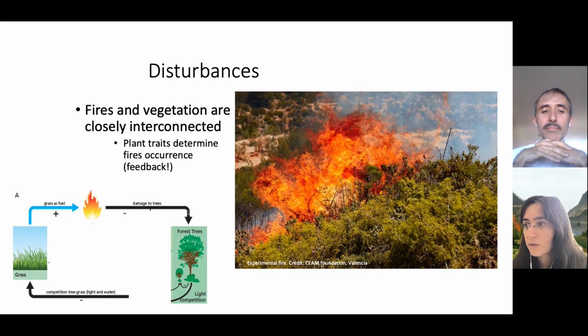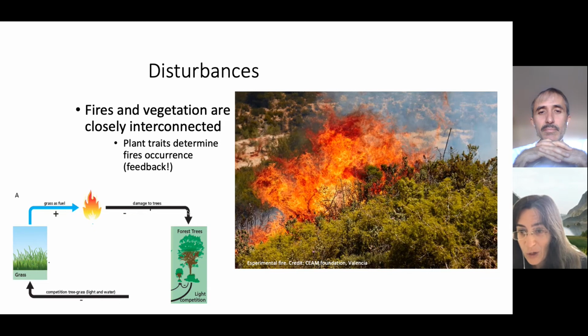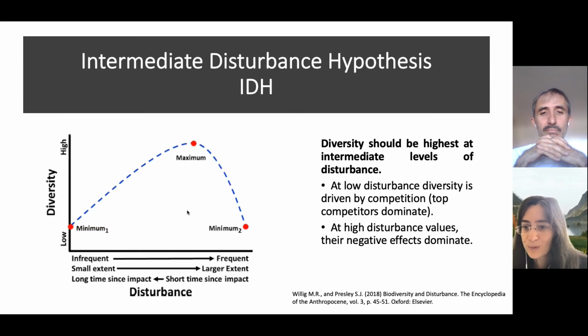Plant characteristics determine whether fires occur or not, and fires have effects on vegetation, of course, which burns, so there are feedbacks and the systems are quite complex. The interplay between disturbances and plant dynamics can generate different levels of biodiversity and have different effects on communities' composition. And with this said, I hand it over to Rubén.